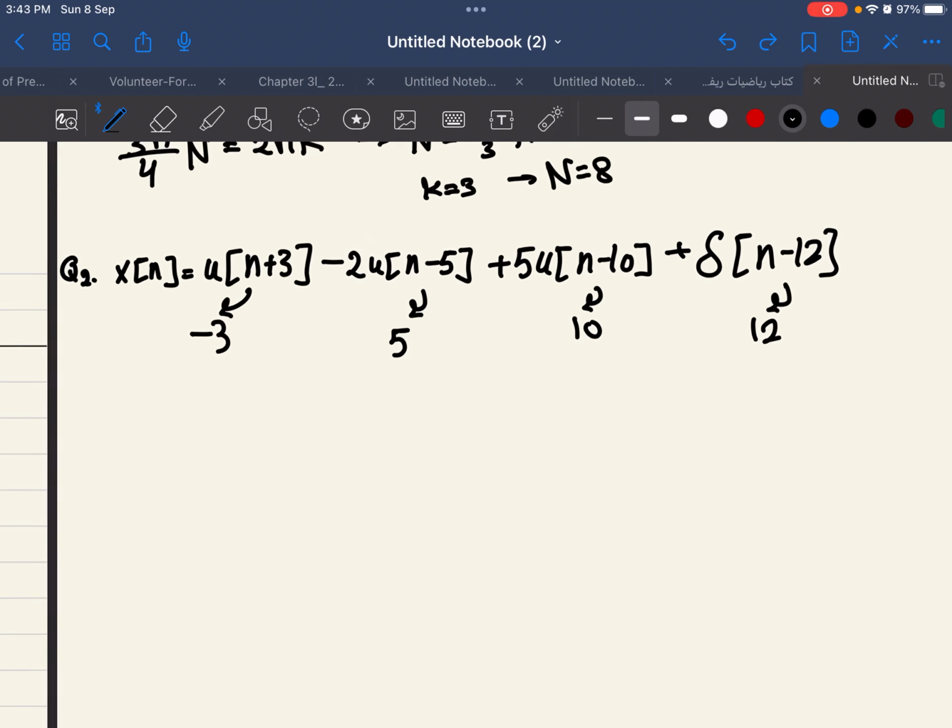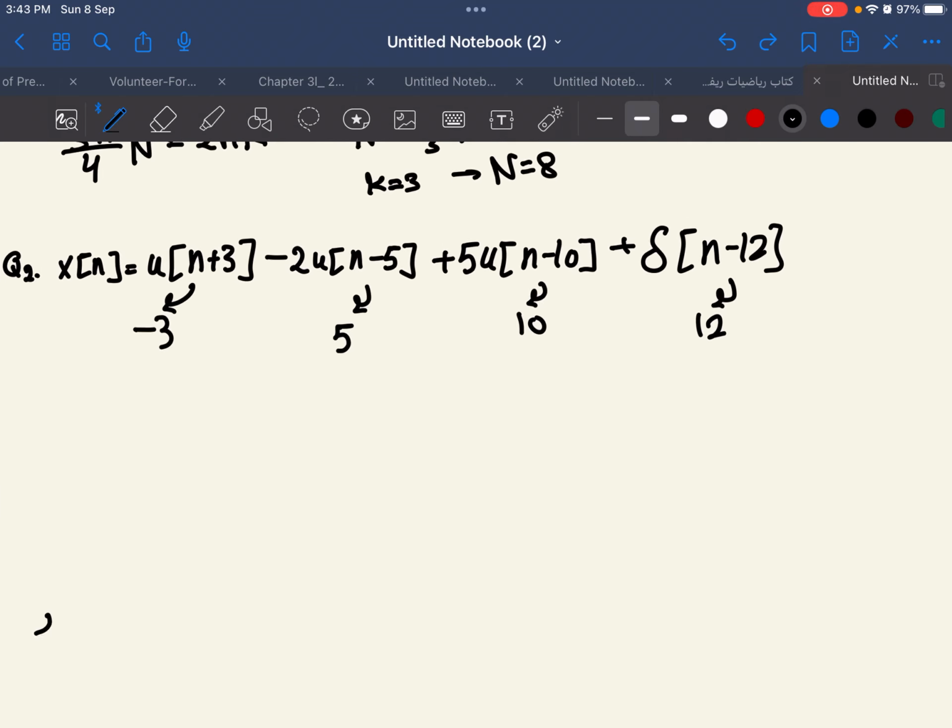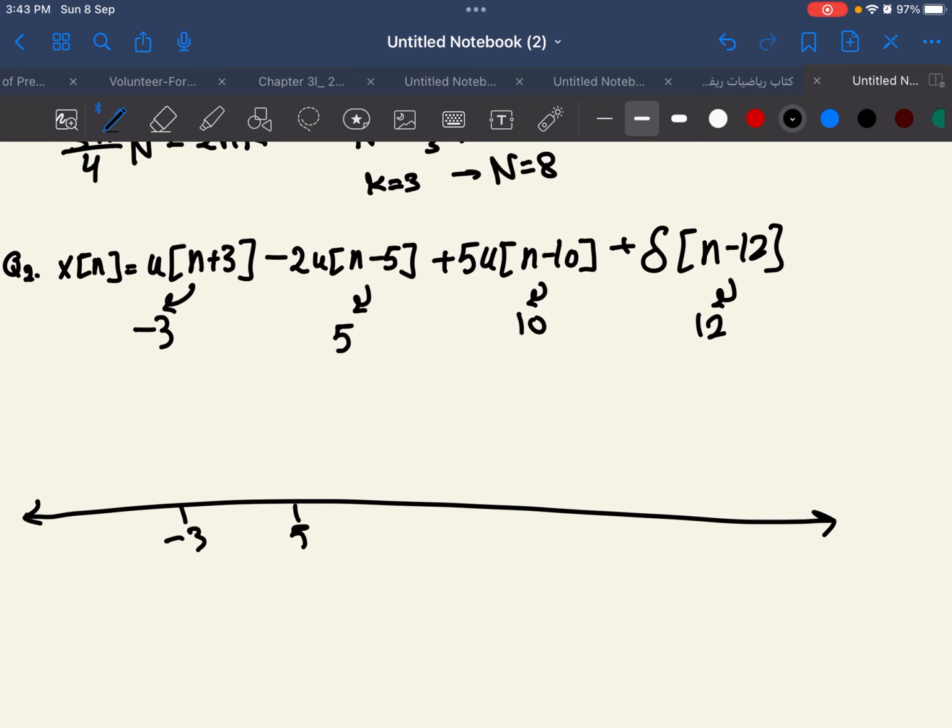Then we will draw the xy axis, or we can only do a plotting. So negative 3, 5, 10, and this one is the 12 value.